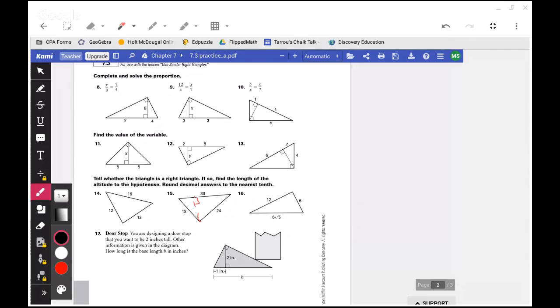Now, what we know, finding the altitude can either be like it is in theorem 7.6, where we have the two segments broken out of that hypotenuse of the big triangle. But for number 15 and 16, we don't have that, right? We just have the whole hypotenuse.